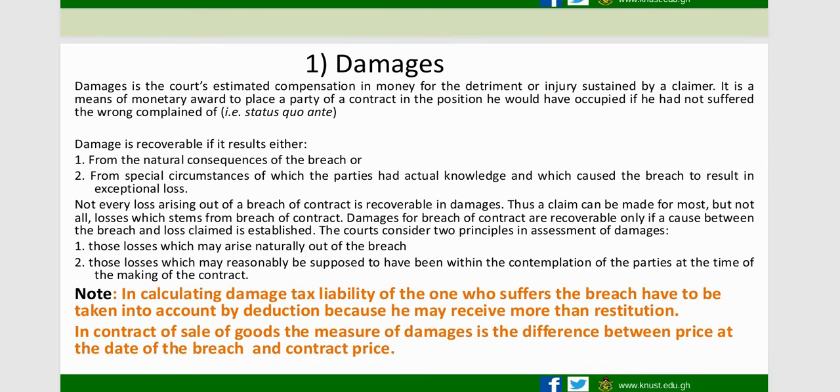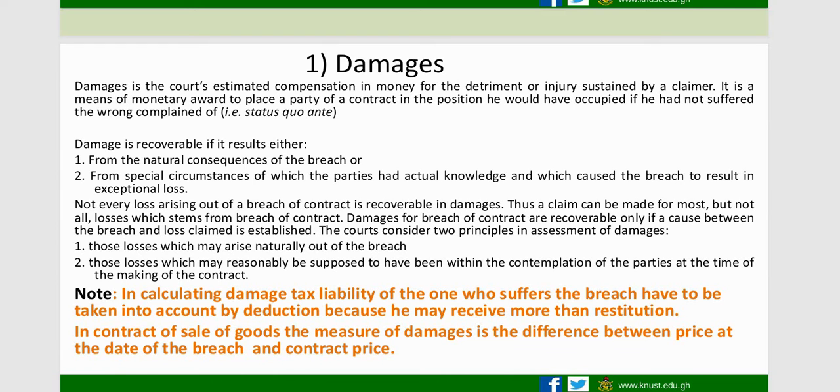So damage is recoverable if it results from the natural consequences of the breach or from special circumstances of which the parties had actual knowledge and which caused the breach to result in exceptional loss.